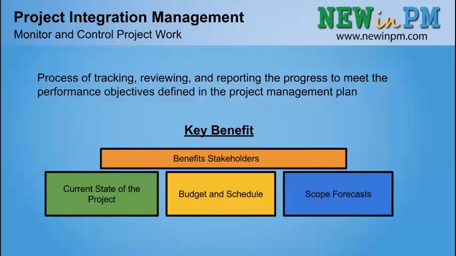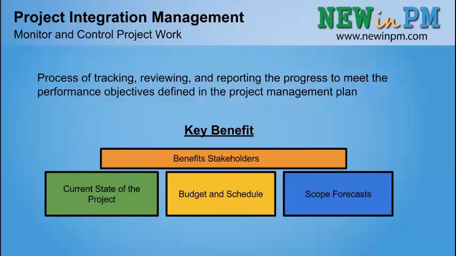The process of monitoring is performed throughout the project phases and includes collecting, measuring, and distributing performance-related information. Continuous monitoring in a project cycle gives management insight into the health of the project and identifies areas that require special attention.